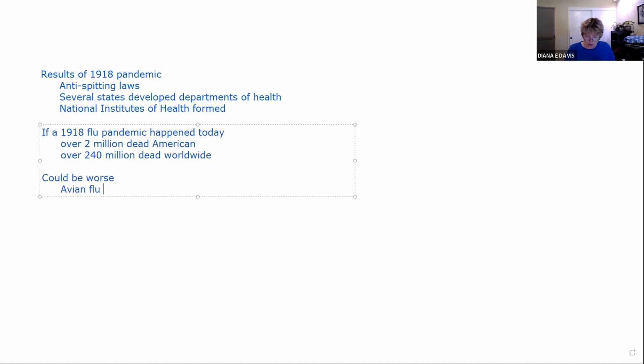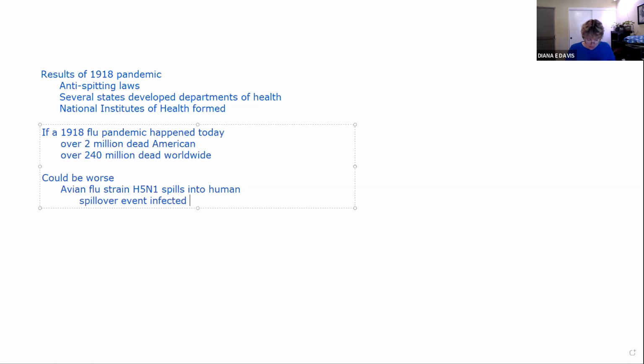Avian flu strain H5N1. So a flu that primarily affects birds, but it can spill over into humans. And when it does that, it's bad. A few years ago, there was a spillover event. Spillover means it spread from birds to people.